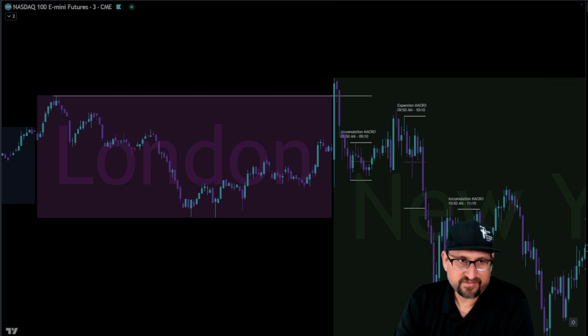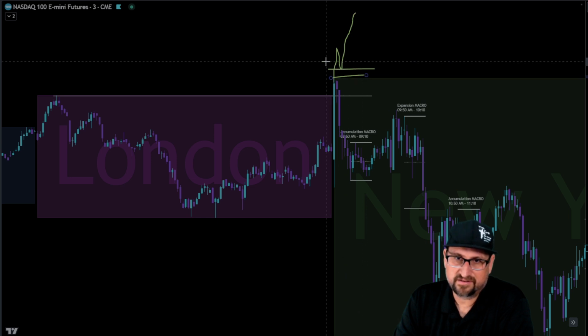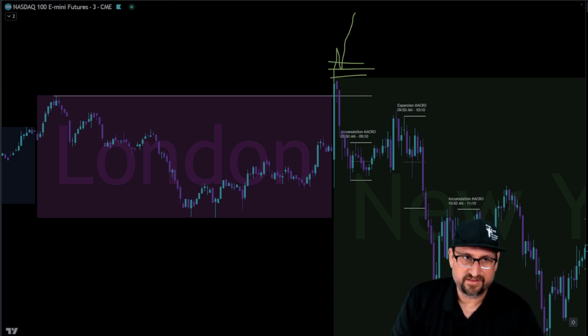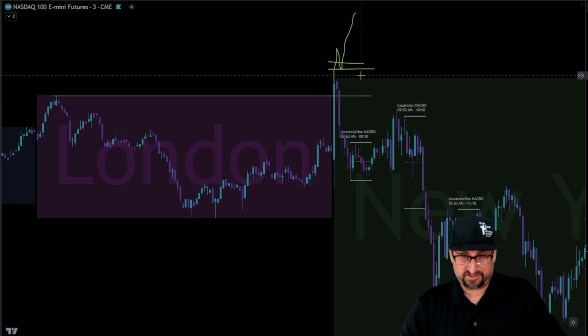Now, if this candle had come up and then came down and then came up and then created a fair value gap right here, what would I be looking for? I would be looking for a long. I would start to change my bias here.